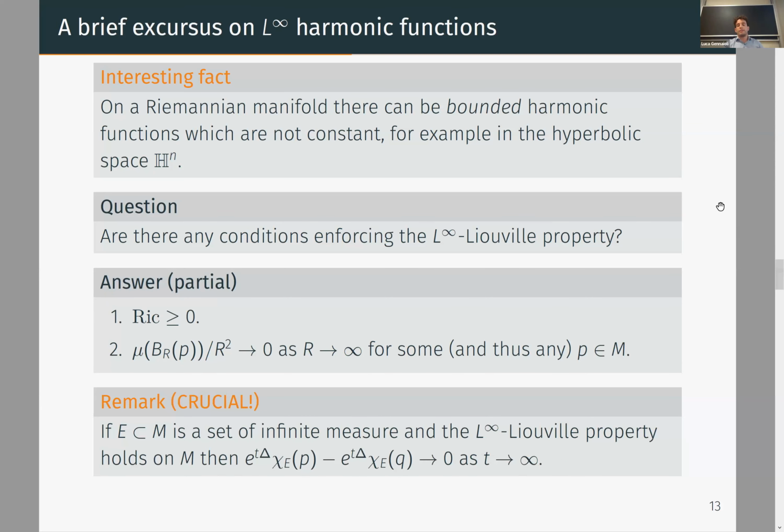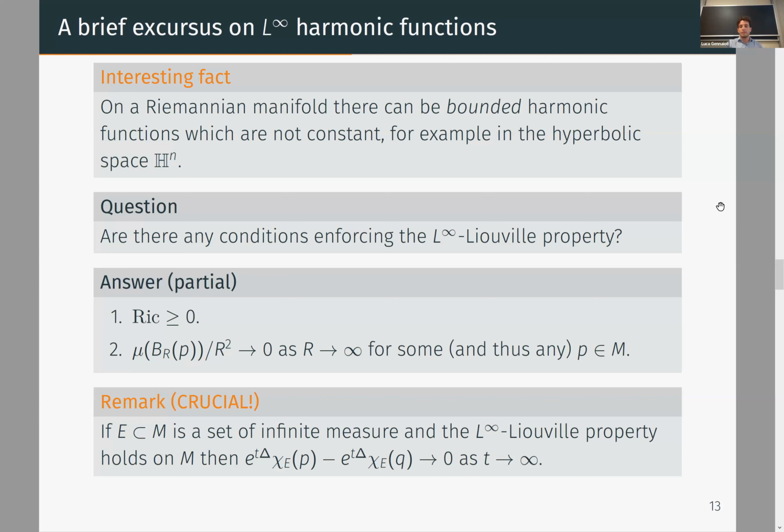What is interesting for us is that if you have a Riemannian manifold and a set with infinite volume, infinite measure, then you have this property on the solution of the heat flow starting from the characteristic function of the set. You take a set, you flow it with the heat equation, then you evaluate the solution at point P and at point Q, you make the difference, and this has to go to 0 as t goes to infinity.